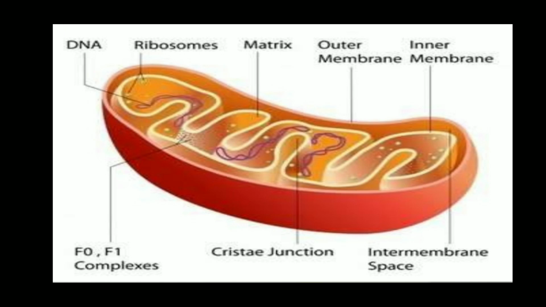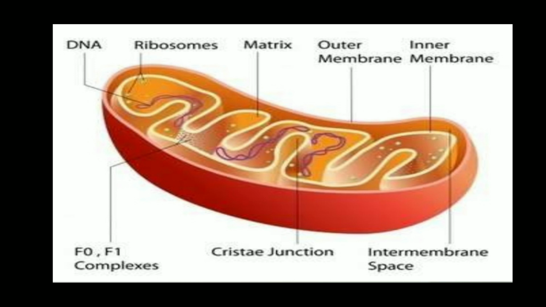So in this picture, in this slide, you can observe the structure of the mitochondria. It shows the outer membrane which is present at the outer side, the inner membrane which is present at the inner side, right? And there is a space in between these two membranes, right? So that is called the intermembrane space. This is common in both chloroplast as well as mitochondria, right?